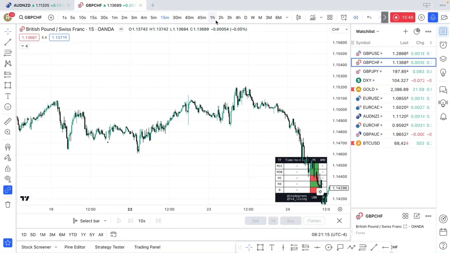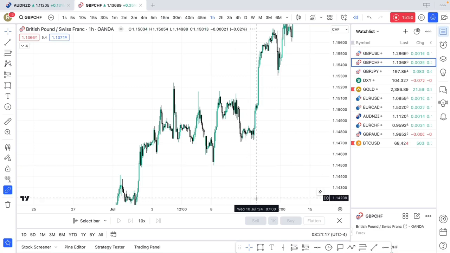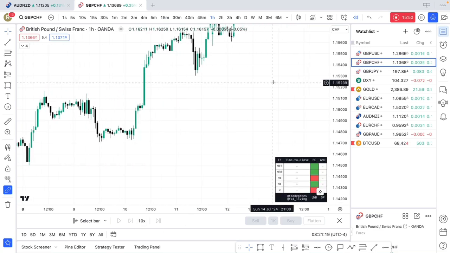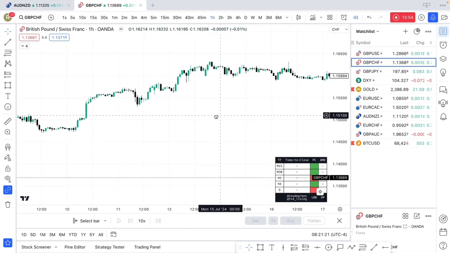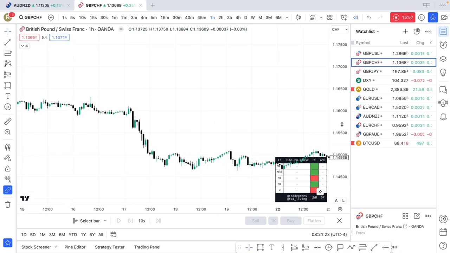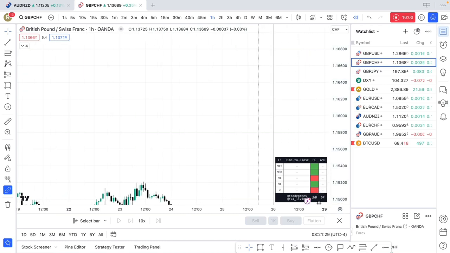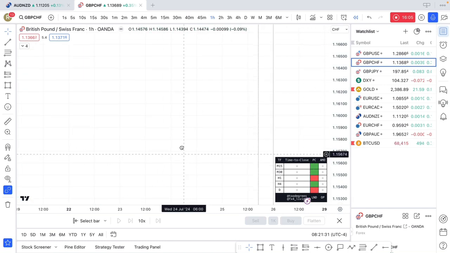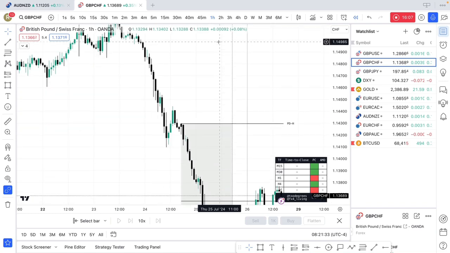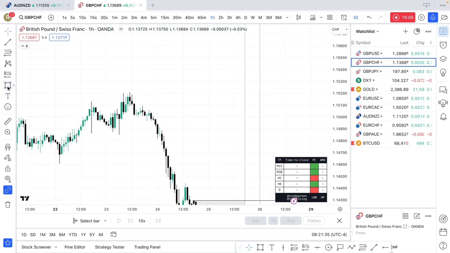This is something that you need to back test by yourself. So with what we are discussing, we are dealing with three candles. These are the candles I like.